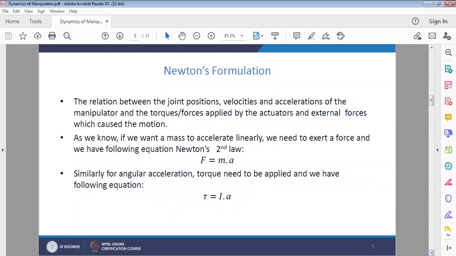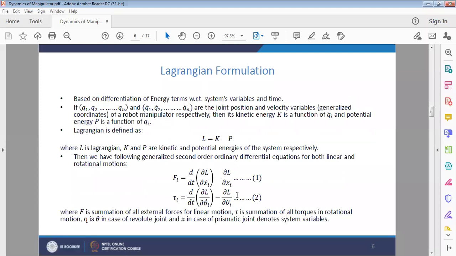Coming to the Lagrangian formulation, mainly we have to know the joint variables and the joint variable velocities. Joint variables are denoted as q1, q2, and so on up to qn, and the joint velocities, with respect to the joint variables, are q1 dot, q2 dot, and so on up to qn dot.